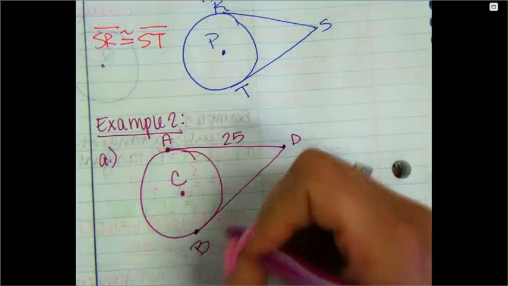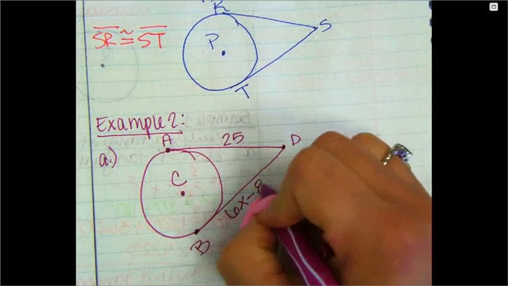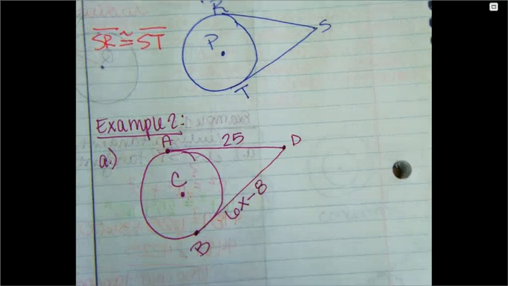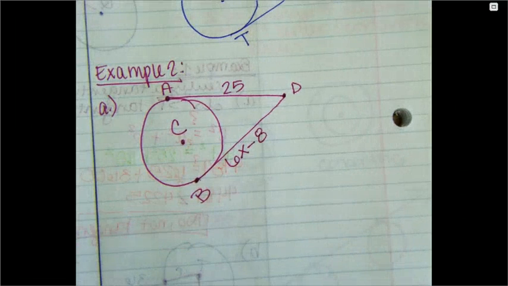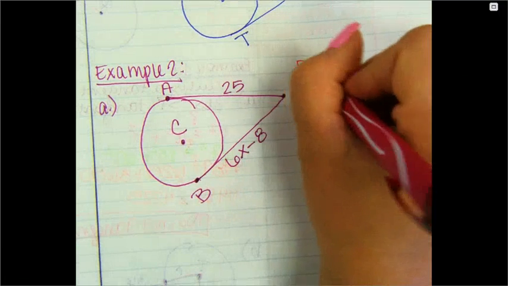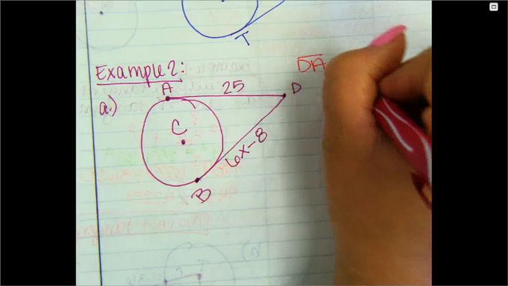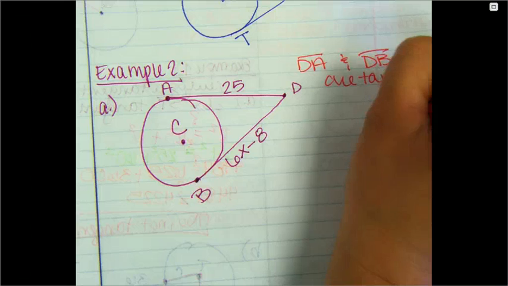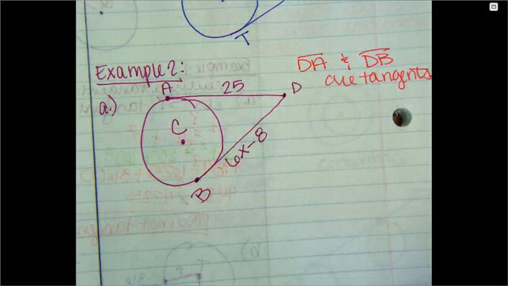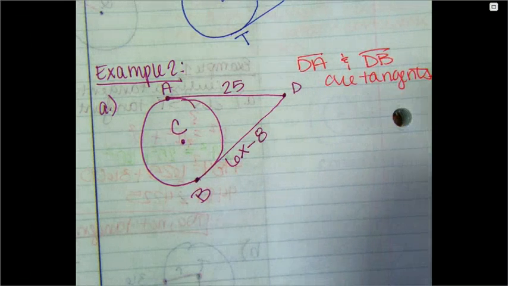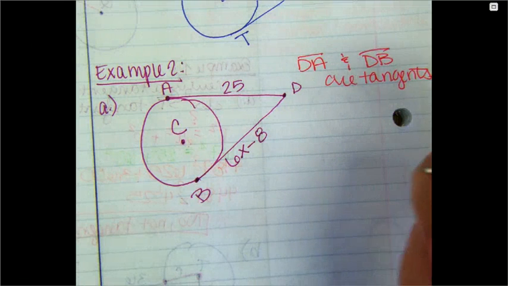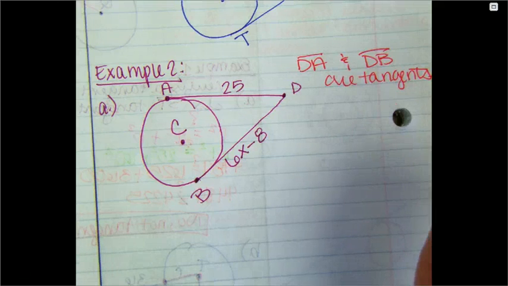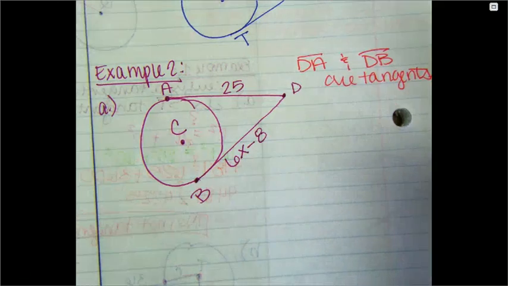And that BD is 6x minus 8. I am letting you know that segment DA and segment DB are tangents. If they're tangents, then I know they're what? It says it up at the top. They're congruent.